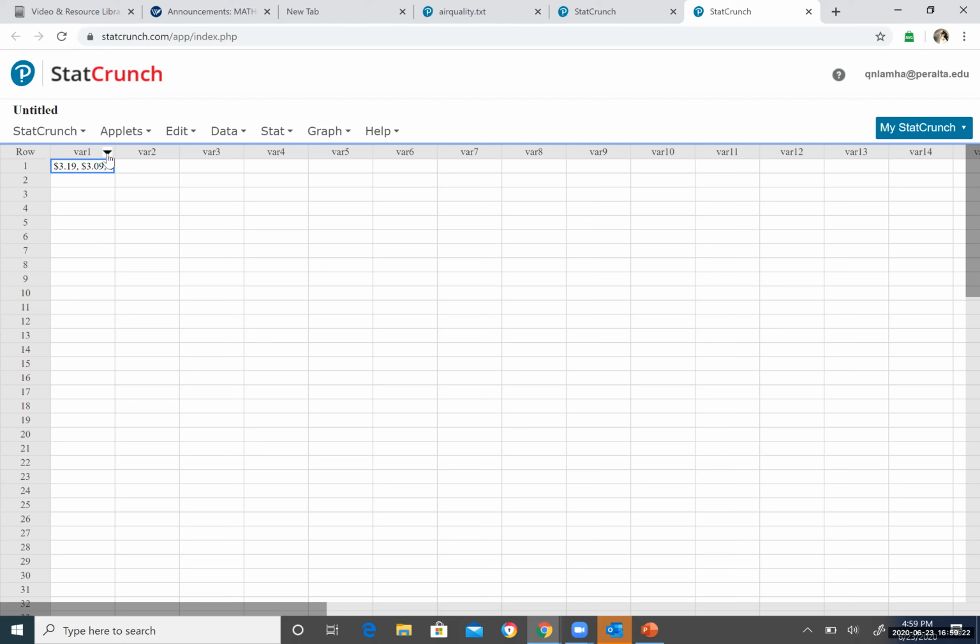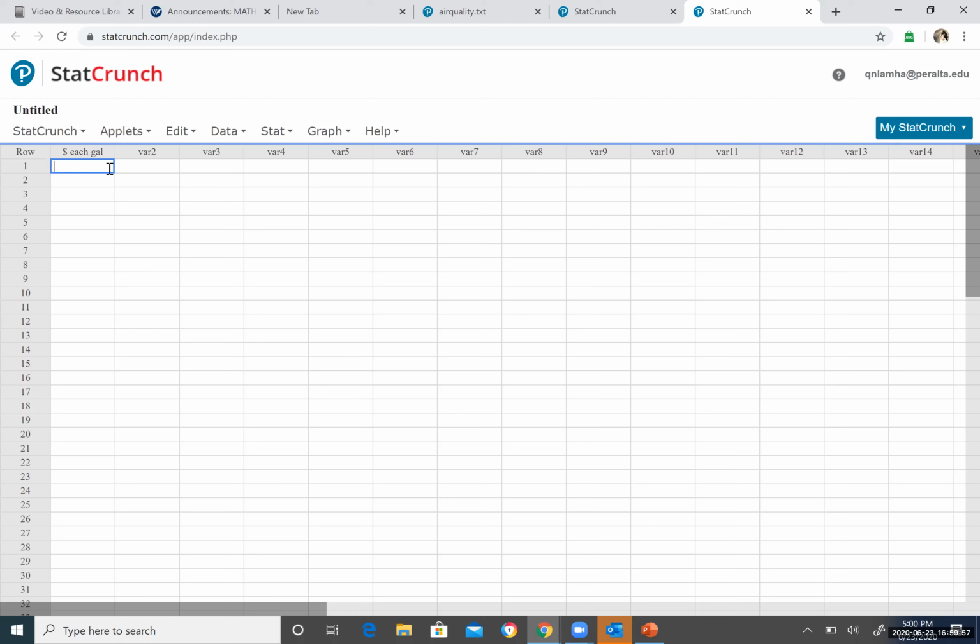Hold on. Go back. Make sure to delete this column. Let me see. You can rename right here. This is the value, right? Value for each gallon at each gas station.